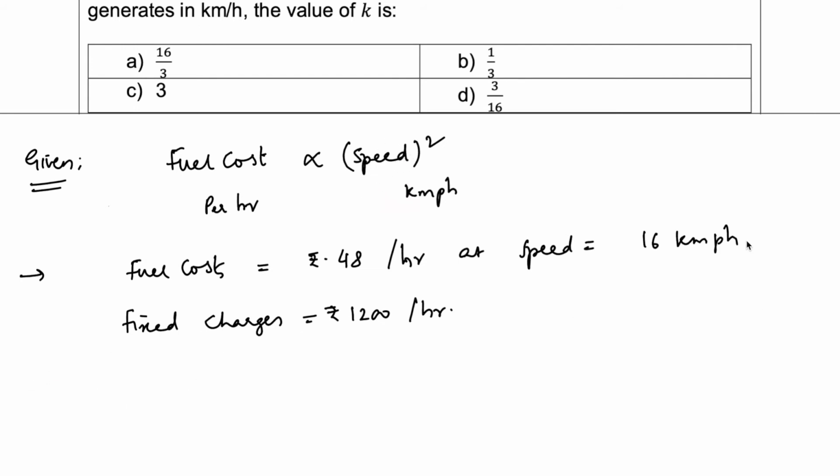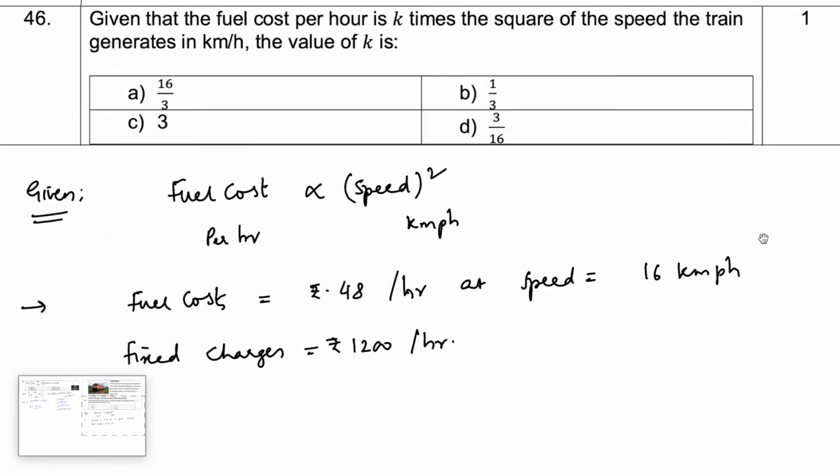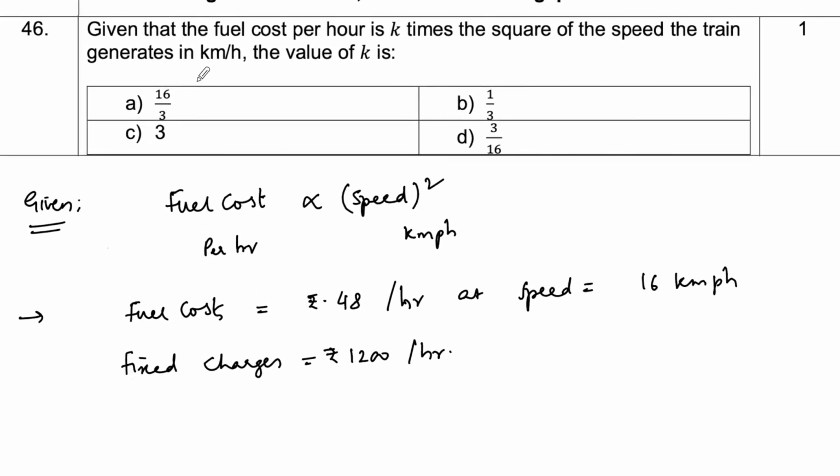So the first problem, given that fuel cost per hour is k times the square of the speed of the train. So in 46th question, fuel cost per hour is k times the square of the speed. Speed is considered to be v, so we can write v square in kilometers per hour.